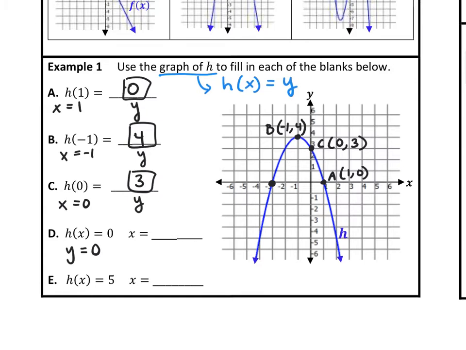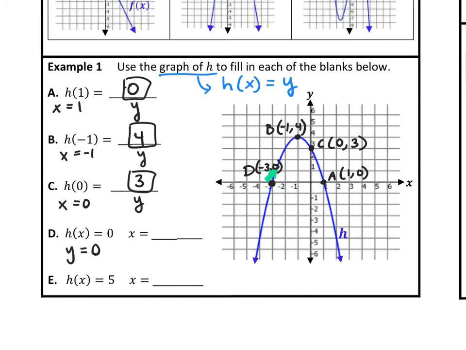So there's 2 points, 2 locations where y equals 0. This location, I guess I'll call it D. And that location, it looks like it's at -3, 0.